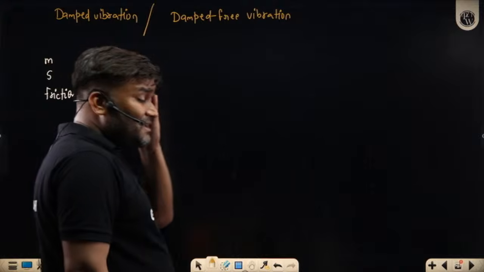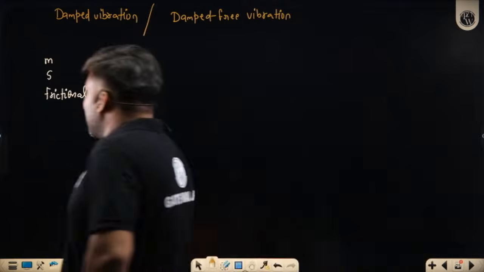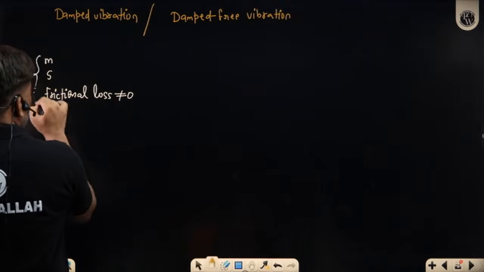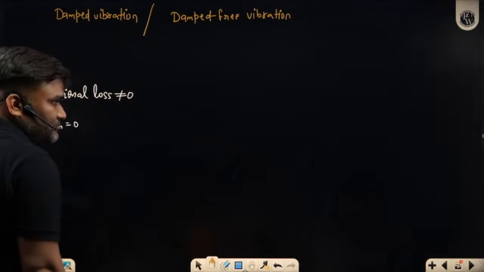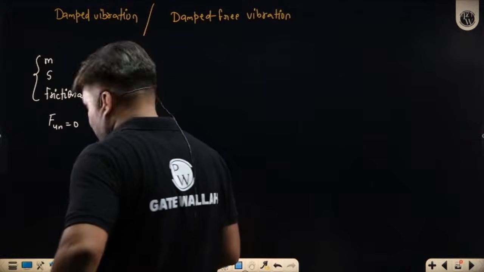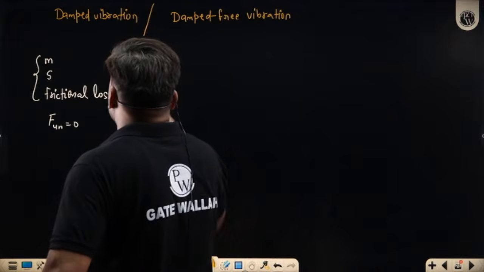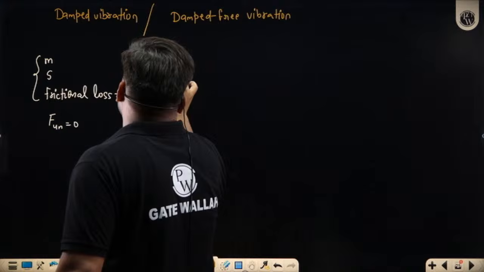Kinetic friction, I am saying. Now kinetic friction comes into the picture. Unbalanced force: these three things are there. The unbalanced force, I am still saying, is zero. That means to initiate any kind of motion, an initial deflection is needed.